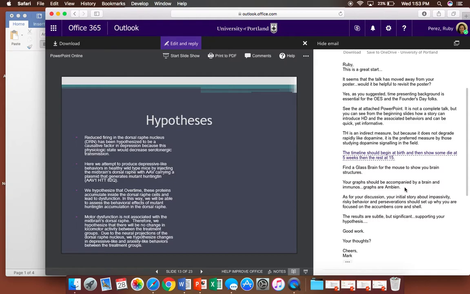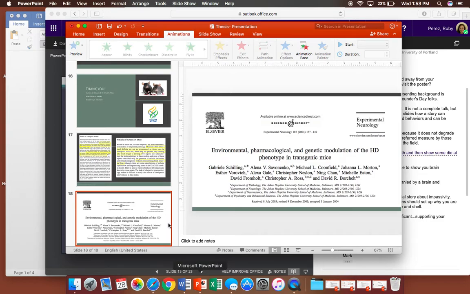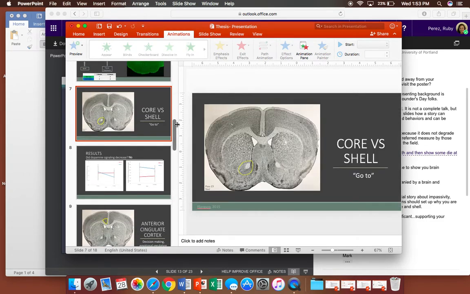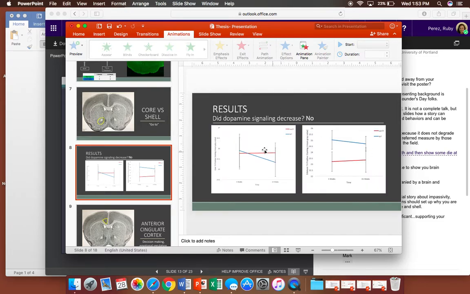So with the graphs being accompanied with photos, one thing that was said to me when we were doing these presentations in thesis class was these photos need to be clear right before I talk about the graphs. If you think that I should have another photo of the brain up here, or a different view of it, then I can add that in.